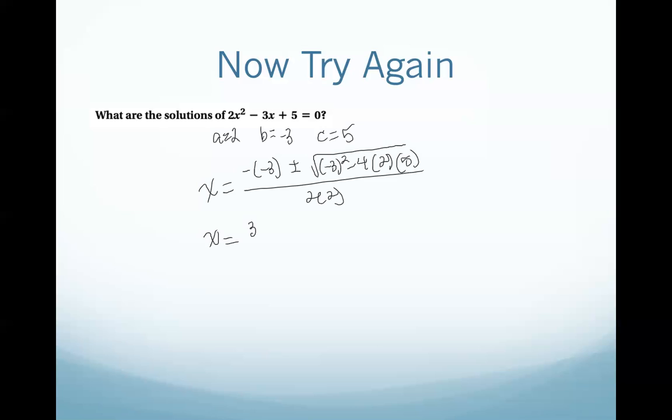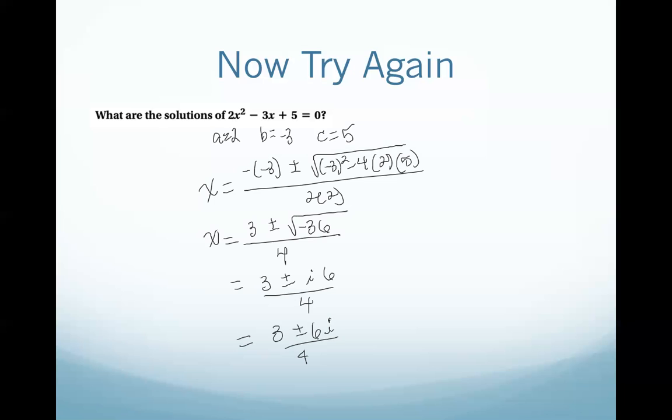We said that's 3 plus or minus the square root. Remember, we got -36 over 4. And now we can say that this is plus or minus the square root of -36, which is i times 6, over 4. 3 plus or minus 6i over 4.